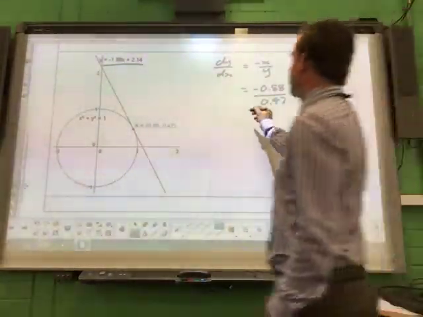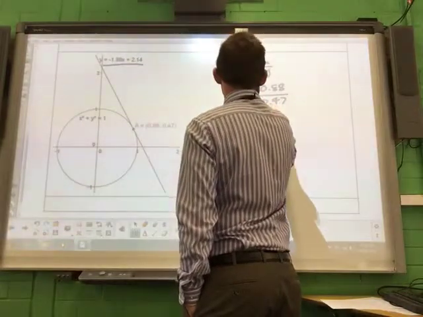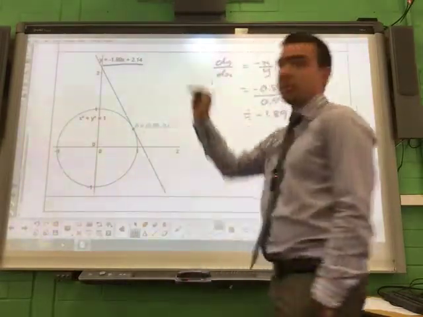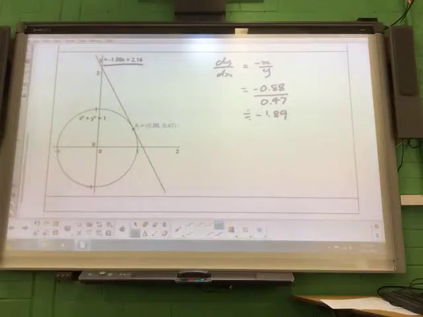So we're approximately at something around negative 1.89 from the graph. And this is what implicit differentiation allows us to do. When we don't have y equals some function of x, we can manipulate it using the chain rule that I talked about in a previous mathematics lesson, to be able to calculate the gradient and tangent at any point.